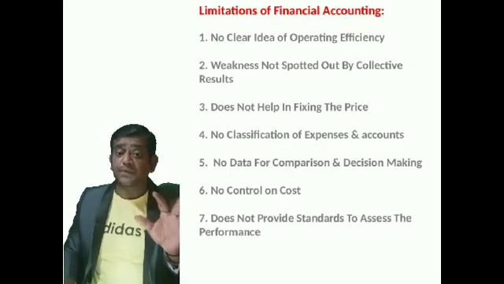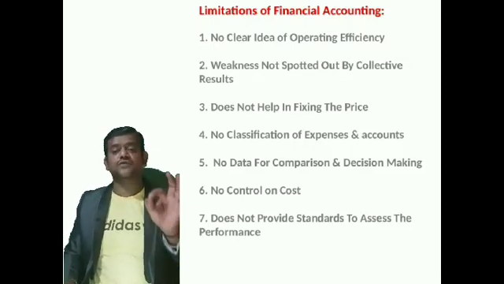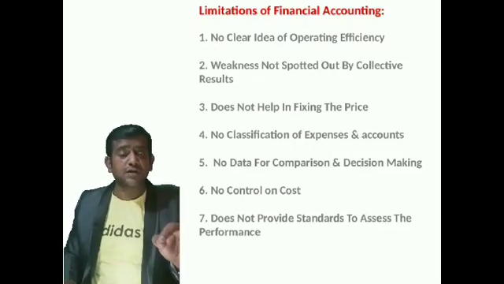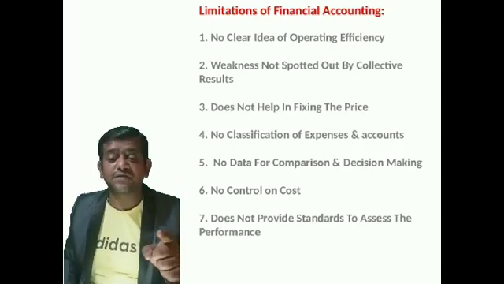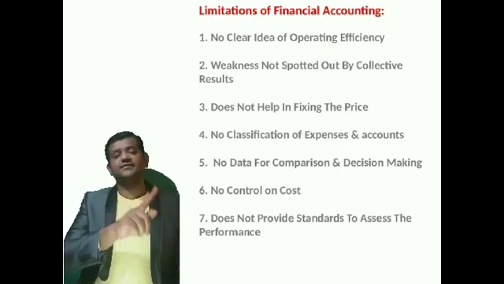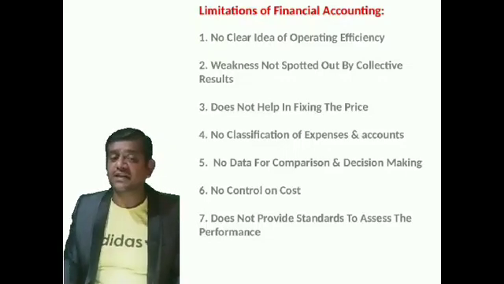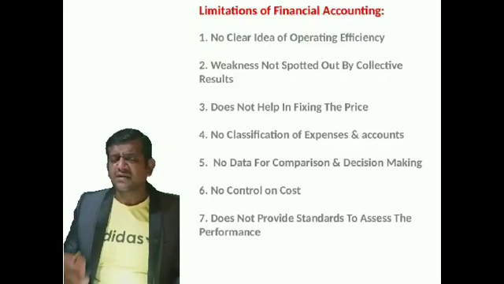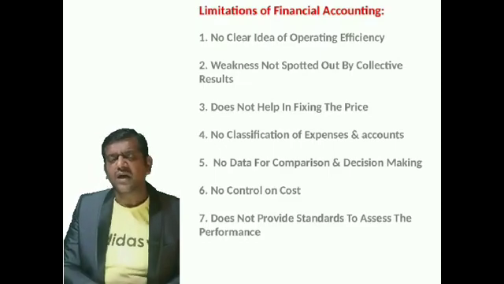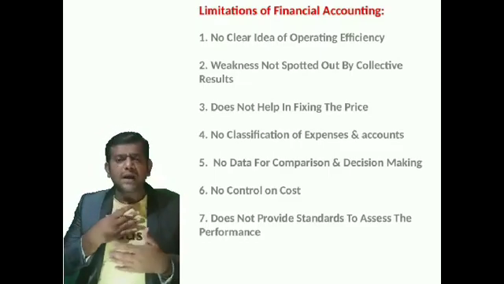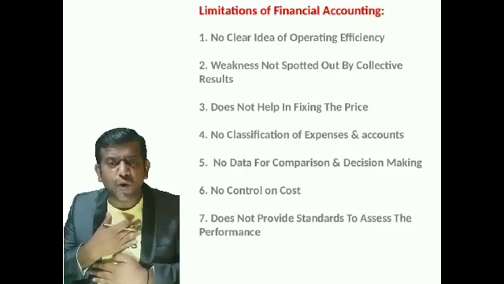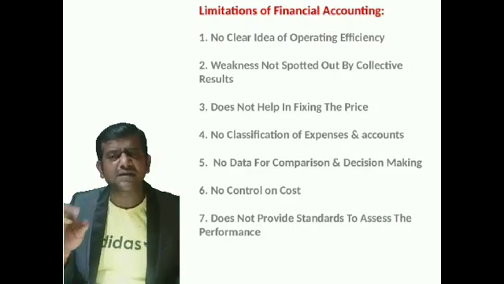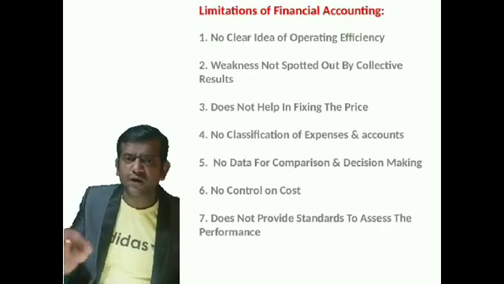When the profit and loss account shows less profit or loss, it does not give the reason for it, or show where the weakness lies. When you are running a business as a producer, I must know where exactly the weakness is, because I have to work on it.